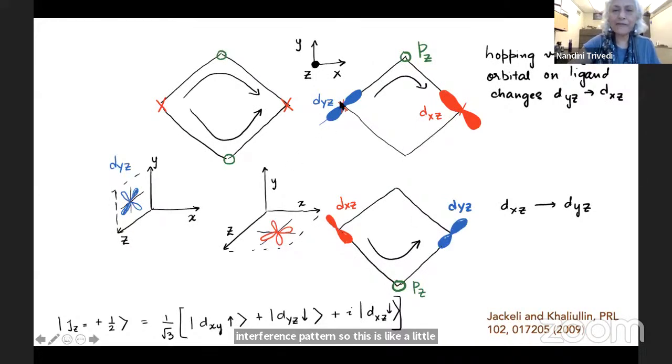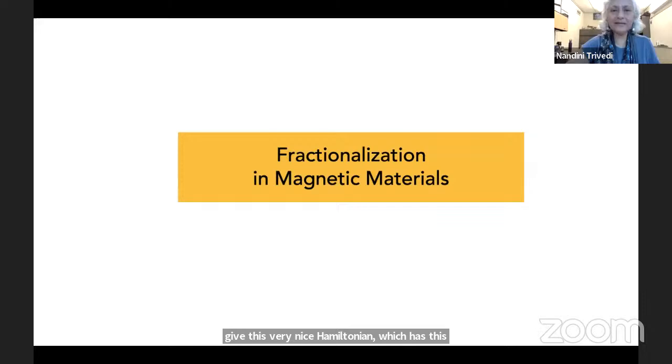It shows that you can have an orbital on one ruthenium and it can interact with a different orbital on another ruthenium through one pathway or another pathway. And the interference between these two pathways brings about the very particular bond-dependent interactions. So isn't that beautiful, how quantum chemistry and a complex material come all together to give this very nice Hamiltonian, which has this particular kind of order, topological order.